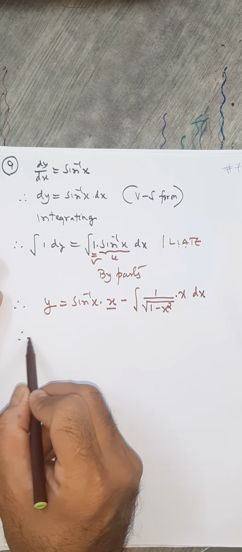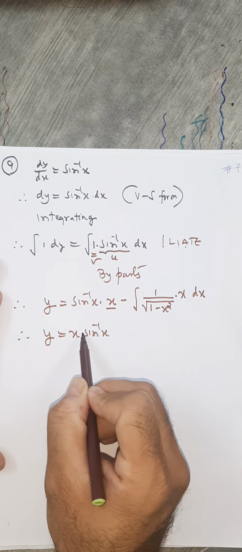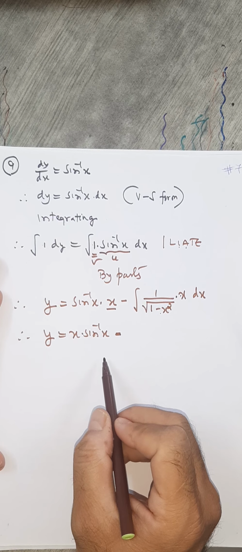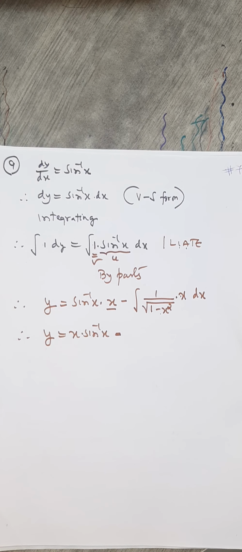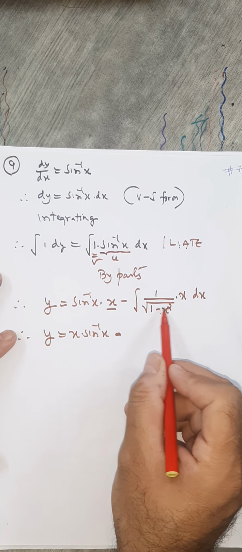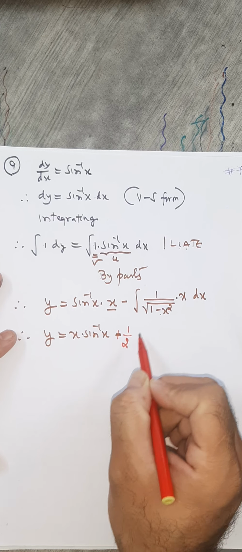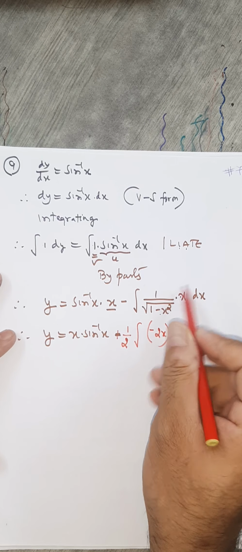Fine. So y equals to here x into sine inverse x minus, how we'll do this? This is linear upon quadratic. Now what's the derivative of that quadratic? Minus, you know here, minus 2x. So I'll write here plus 1 by 2 here, and I'll set here minus 2x. Right?